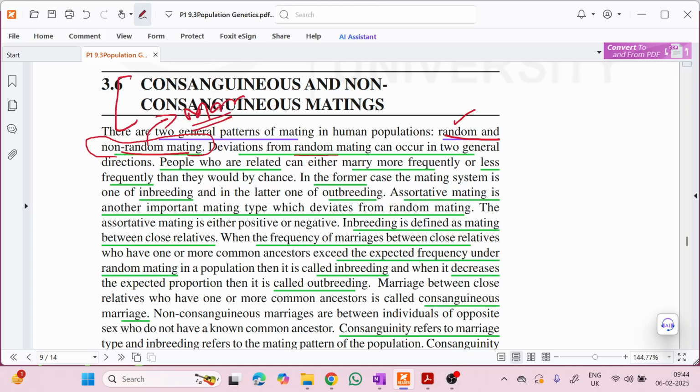Then deviation from random mating can occur in two general directions. People who are related can either marry more frequently or less frequently than they would by chance. This is what I described in the inside versus outside debate: those who marry inside, which means marry their relatives, are known as consanguineous, and those who do not are non-consanguineous. And its frequency matters a lot.